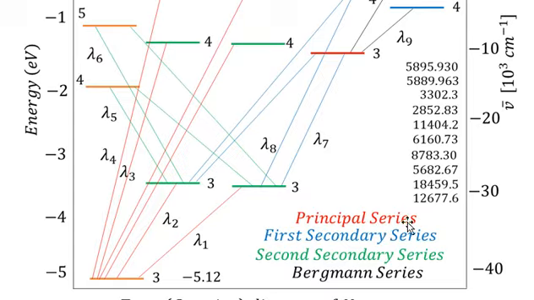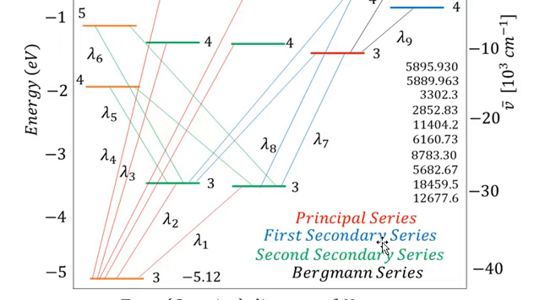All the red transitions belong to the principal series. The principal series starts from the S level and extends to all the P levels.